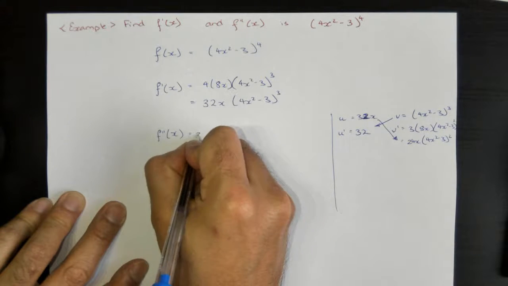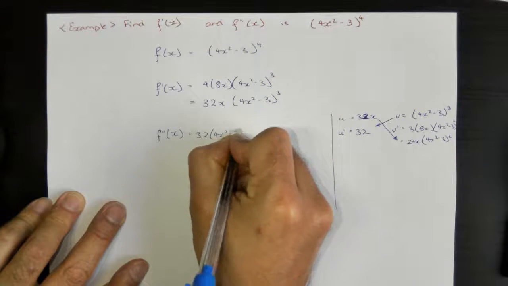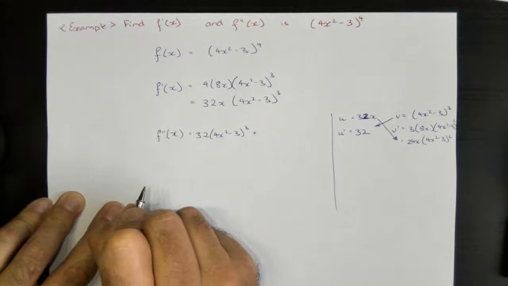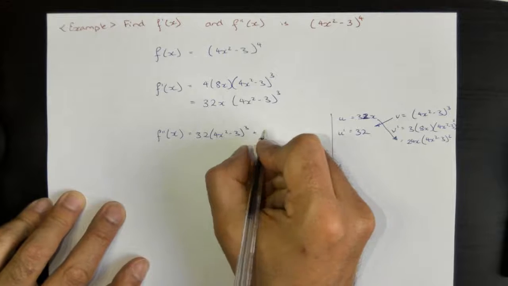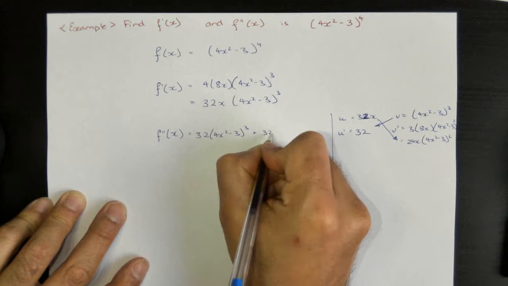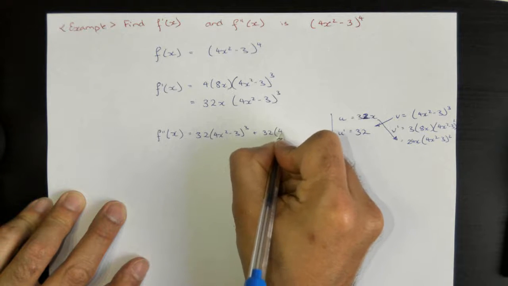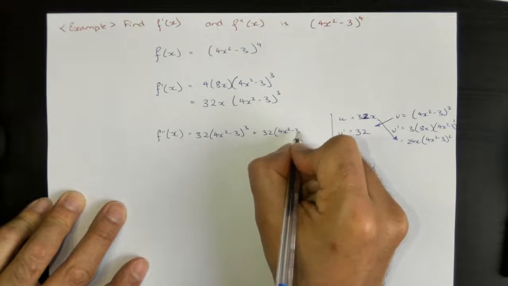Alright, so I get 32 lots of 4x squared minus 3, cubed, plus 32 times 24x squared, times 4x squared minus 3, squared. The reason why I'm doing this is because I'm seeing if there are any big common factors.